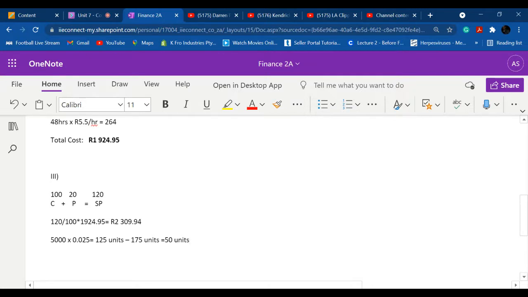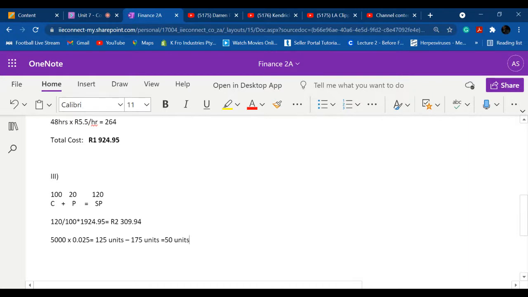Even here, I was hoping to read it out of the textbook. But if you see under the subtitle Spoilage 7.7, in the paragraph, the very last sentence says, abnormal spoilage is wastage which is not anticipated and is therefore written off as a loss in the statement of comprehensive income.